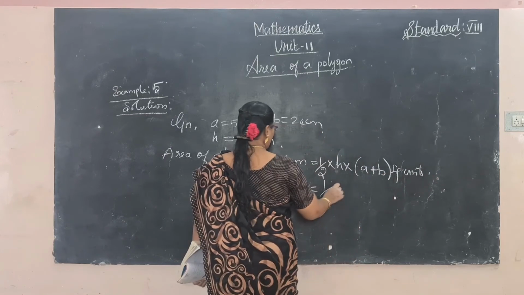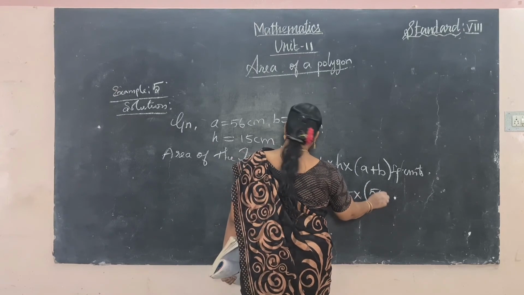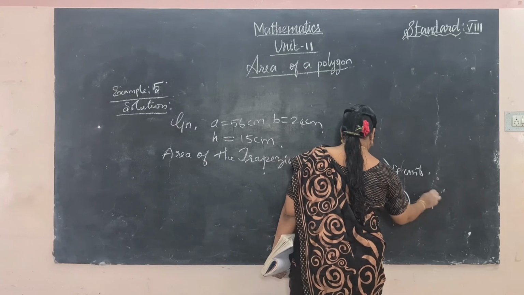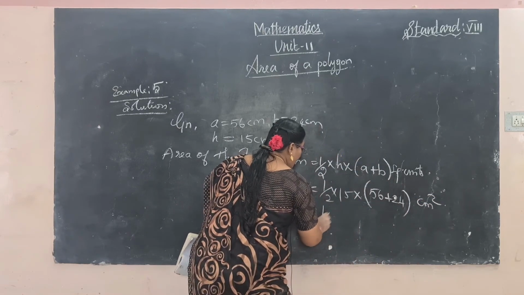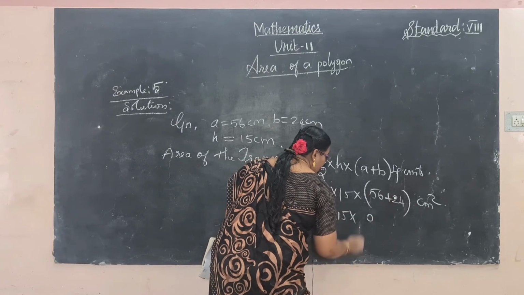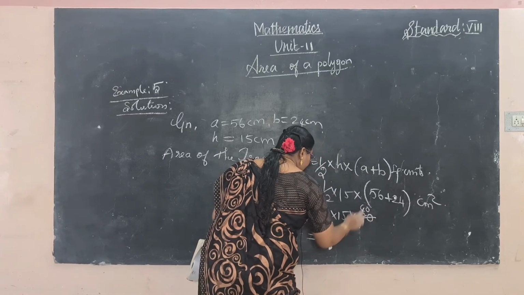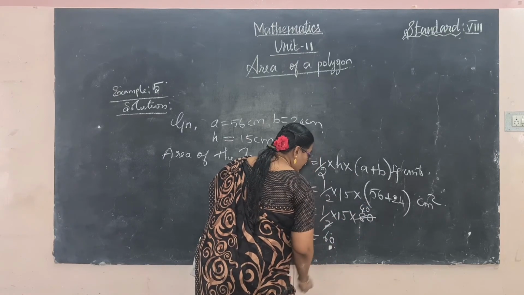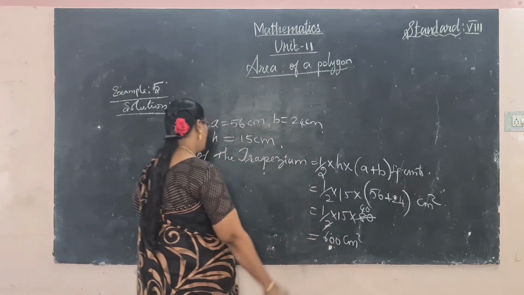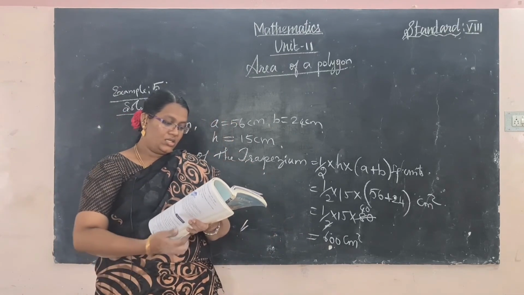So half into height value 15, into A plus B, 56 plus 24 centimeters square. So half into 15 into 80. It cancels 40, so 15 fours are 60, so 600 centimeters square. So the area of the trapezium is equal to 600 centimeter square.